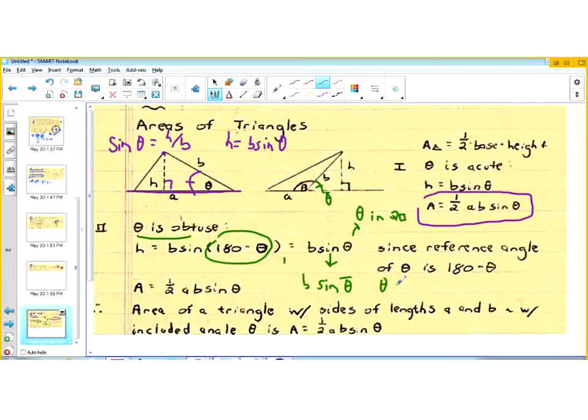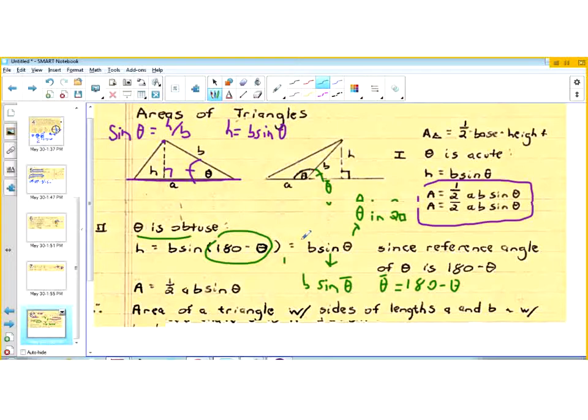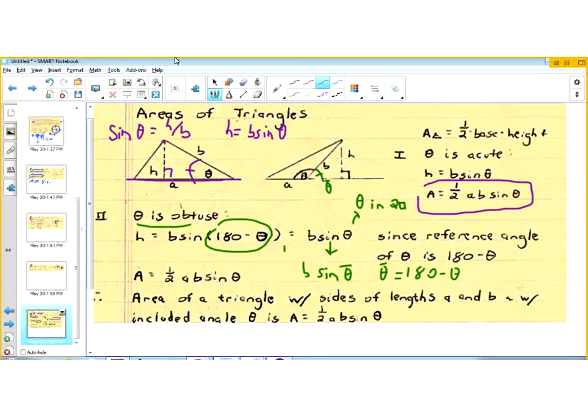But the reference angle is equal to 180 minus theta. So that's where this comes from. This is the true angle, this is the reference angle, and so we have this result. So that means the height is still b sine theta for an obtuse angle. Okay, so that makes sense now.